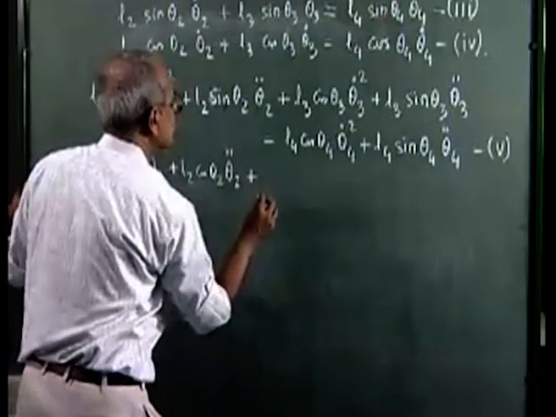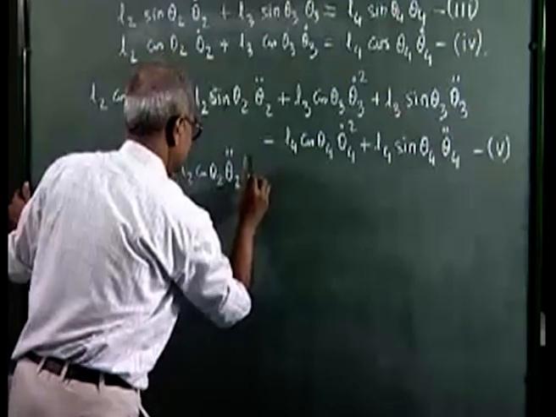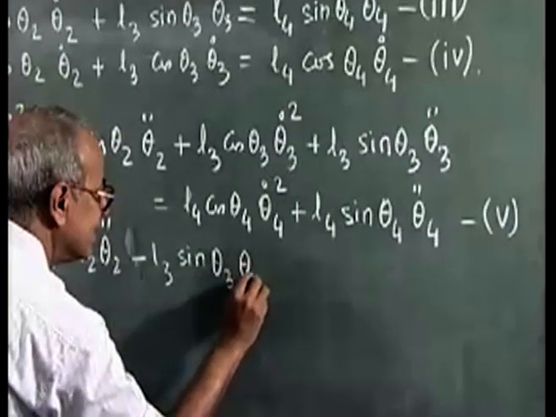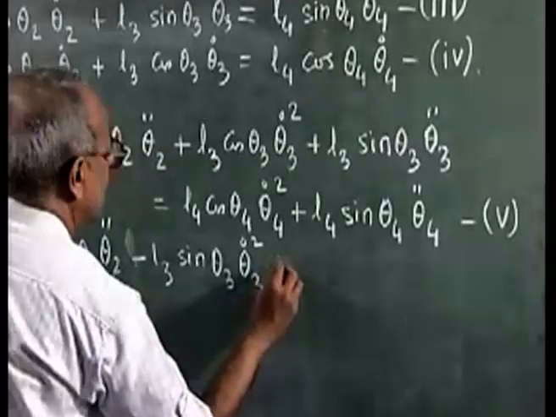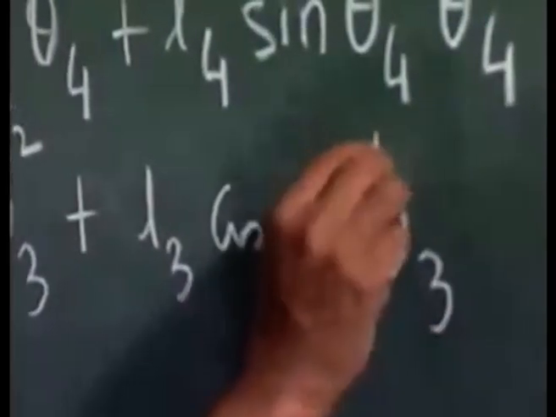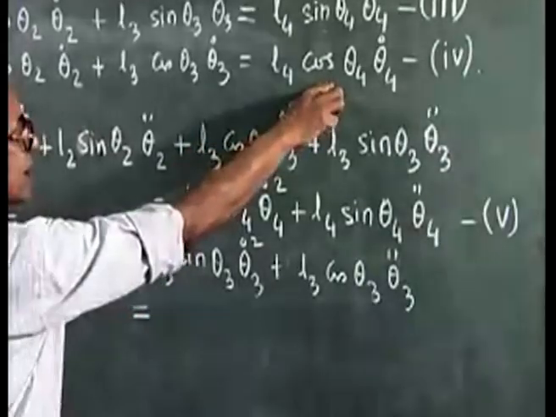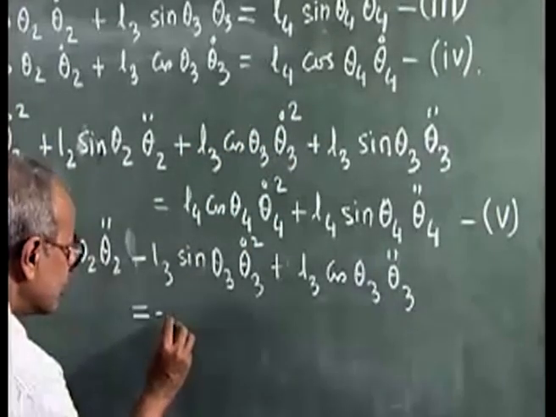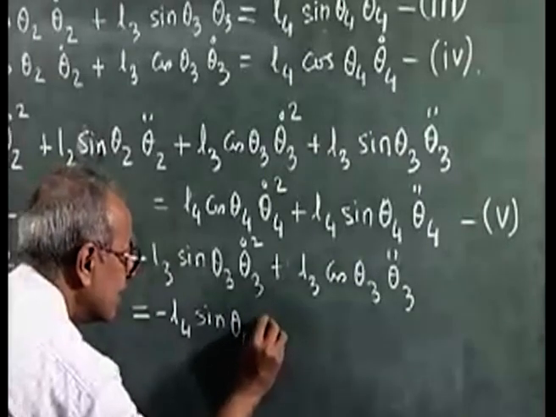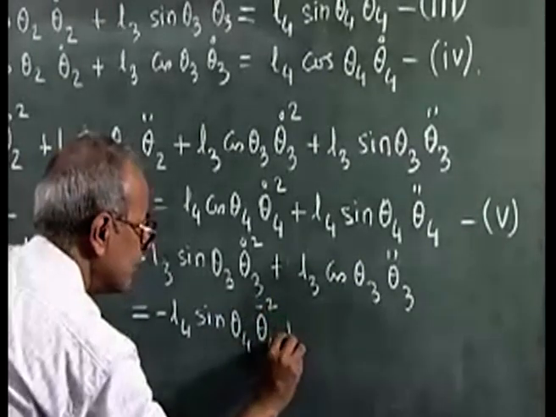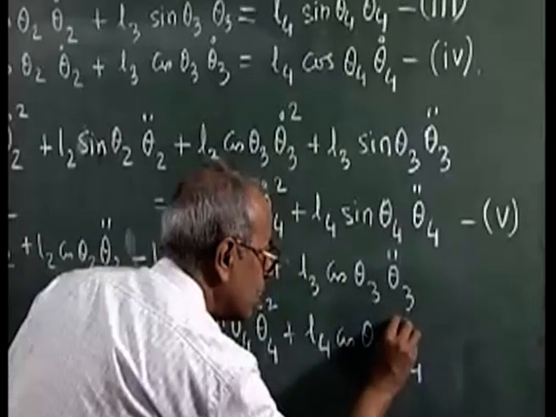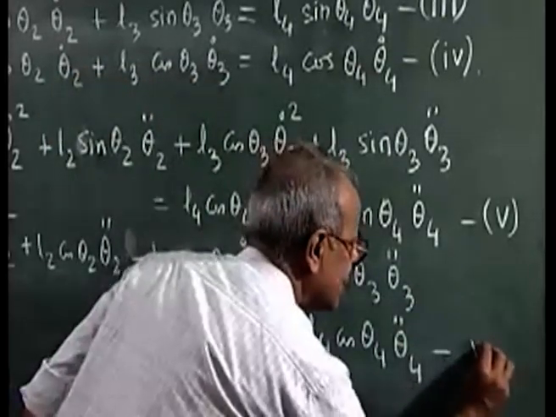From the next term I get two more terms, namely minus L3 sine theta 3 dot squared plus L3 cosine theta 3 double dot, and that is equal to, differentiating the right hand side with respect to time, minus L4 sine theta 4 dot squared plus L4 cosine theta 4 double dot. Let me call this equation 6.